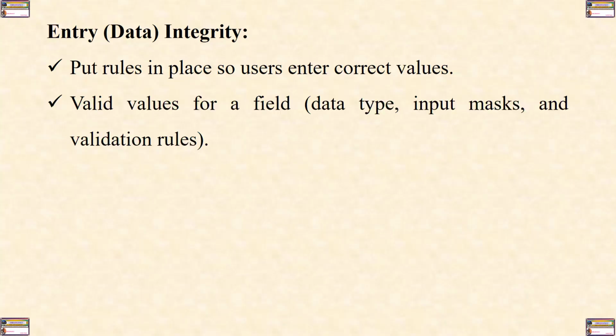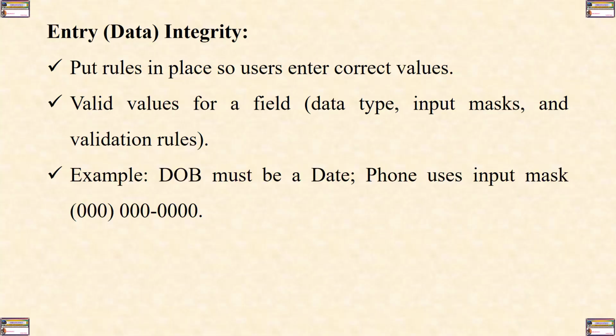The valid rules for a field, that is data type, input masks, and validation rules are set. An example is if you have a field called date of birth, then the data which is entered must be a date. So you set a format and validation rule that will ensure that whatever is entered at the date of birth field is a date.